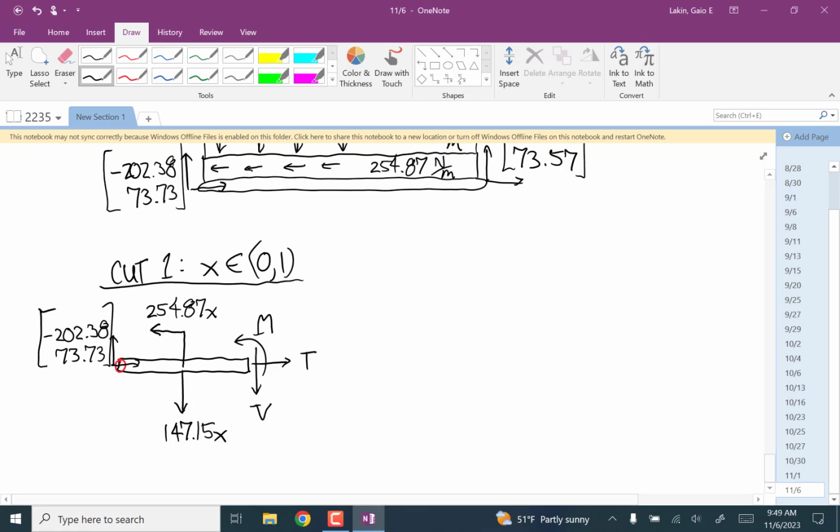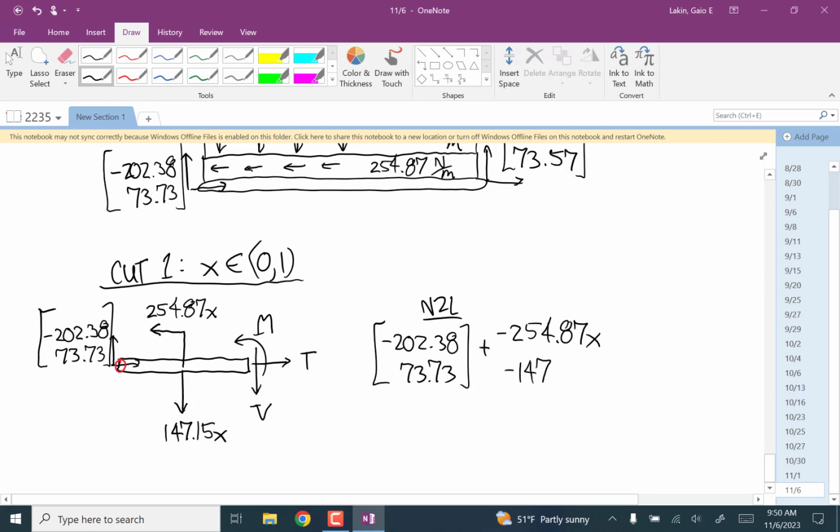Okay, so Newton's second law says negative 202.38, positive 73.73, plus negative 254.87x, negative 147.15x, plus t negative v is equal to zero.